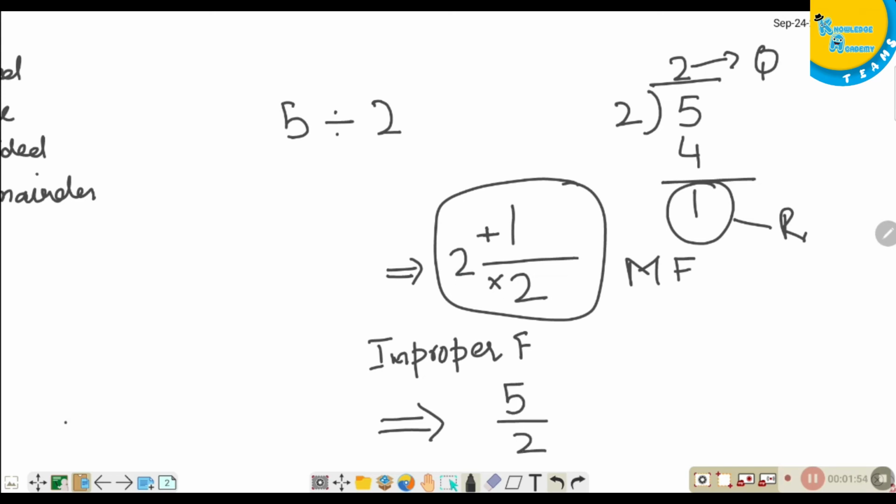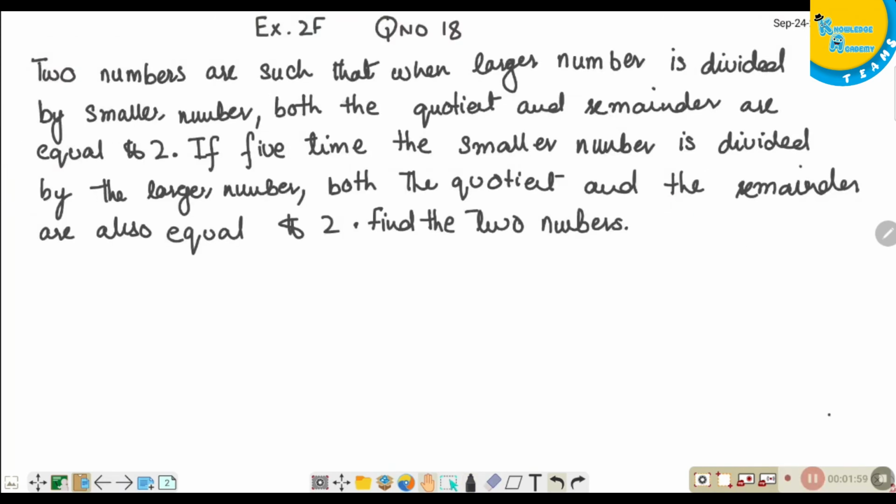Alright, now let's get to our question. So there are two numbers such that when the larger number is divided by the smaller number, both the quotient and the remainder are equal to 2. And if 5 times the smaller number is divided by the larger number, both the quotient and the remainder are also equal to 2.